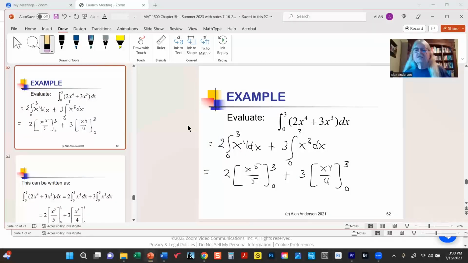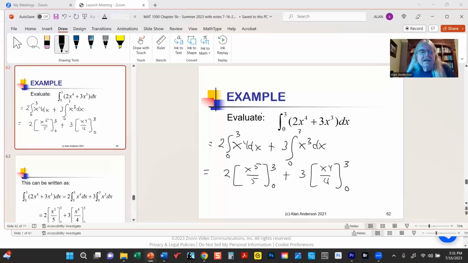So we've got the integral from 0 to 3 of 2x to the fourth plus 3x cubed dx. So we'll break it up into two different integrals, as you can see, and then the constants on the outside of each integral. Based on the power rule, we'll have 2 times, in the first case, x to the fifth over 5, evaluated from 0 to 3.